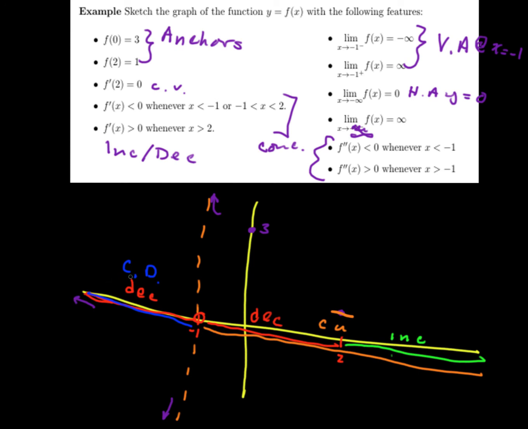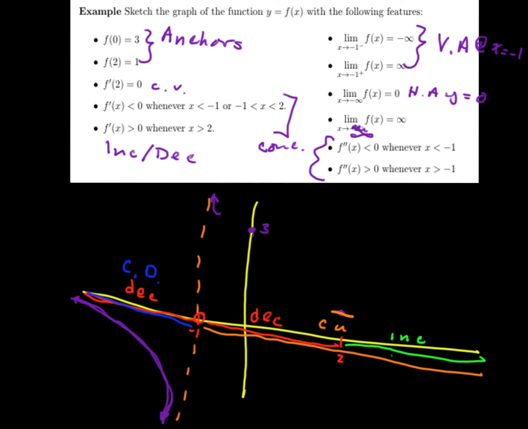Well, it would have been increasing, then decreasing. But I know it's decreasing the whole time. Also, it changed concavity. So the only way you could do it is it's got to be shaped like this. So it's got to be concave down, always decreasing. Then from here to here, it's going to be concave up, this whole region.